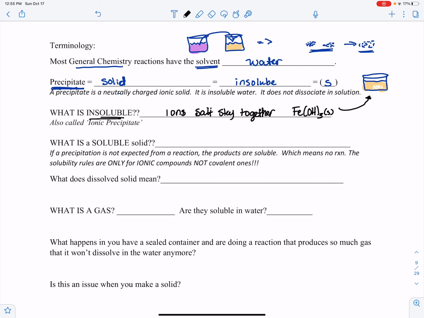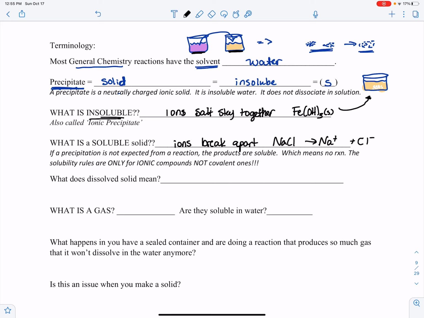So then what is a soluble solid? This is when ions break apart in water. When the ions break apart, it makes it easier for the reaction to happen. We do a lot of reactions where we start with things that are dissolved in water. An example would be NaCl, salt. You know that one dissolves in water, and when it dissolves, it breaks apart into Na plus and Cl minus.